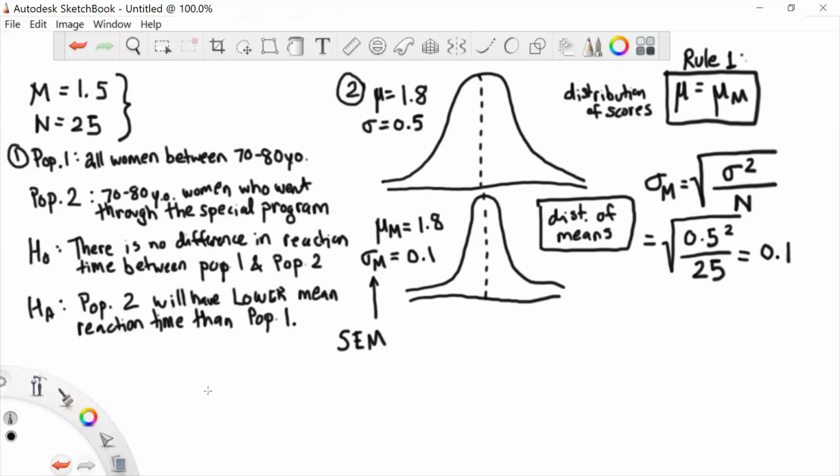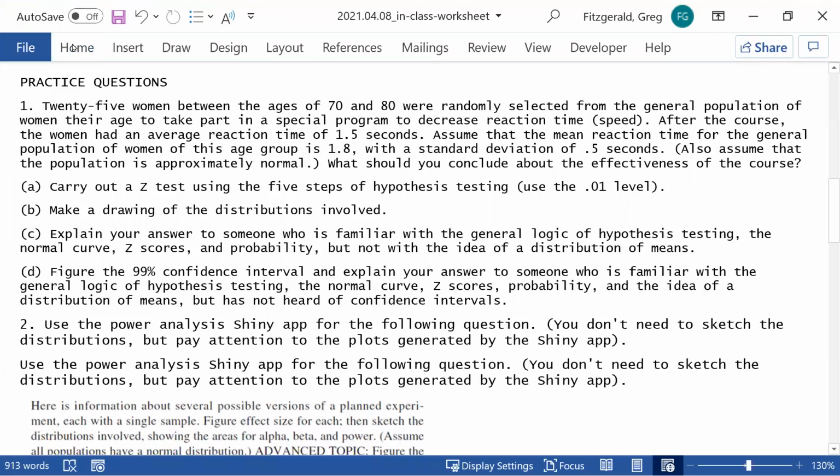In the problem, we were given clues about the kind of tailed test and the alpha level or significance level of this problem. Can anyone tell me what those were? So according to the problem, we were told to do the hypothesis test at the 0.01 significance level.